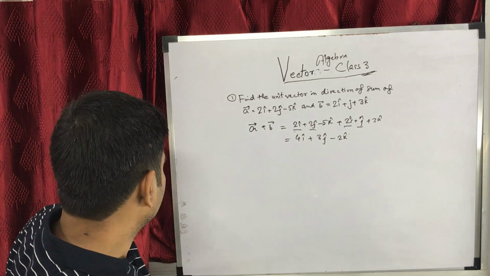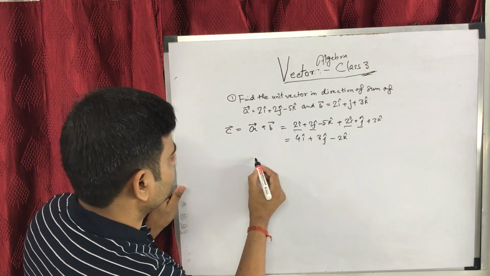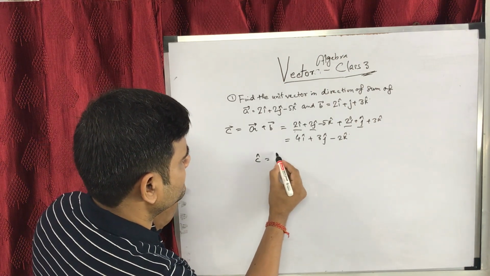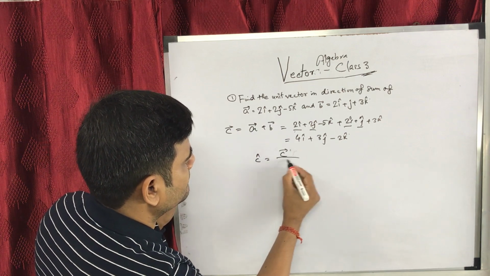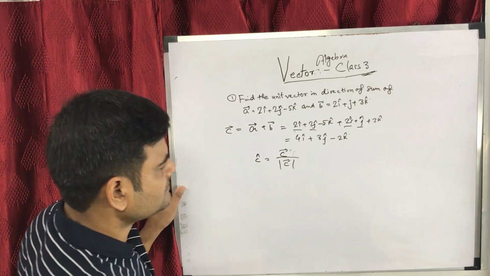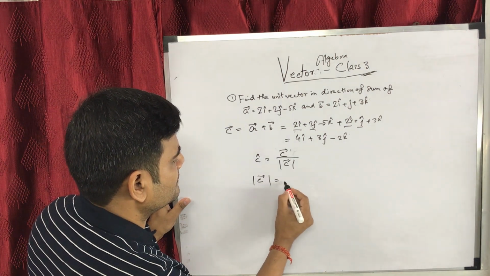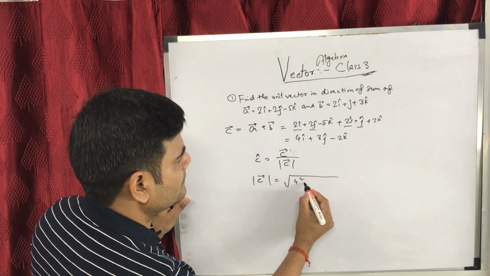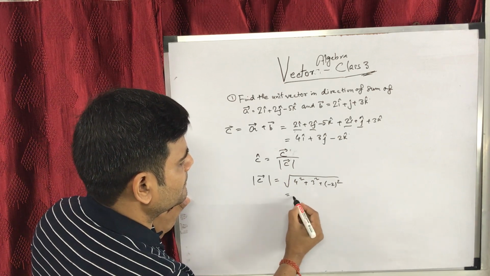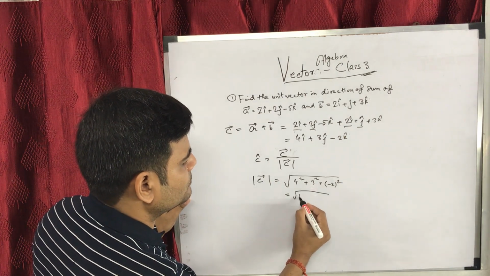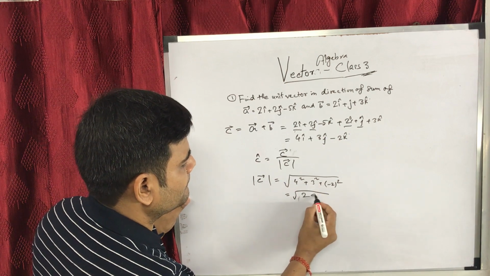Find the unit vector. Let this be c vector, since the sum of two vectors is another vector. So the unit vector is c vector by mod of c vector. Mod of c vector is the square root of 4 square plus 3 square plus 2 square, that is 16, 9, 4, which is 29.